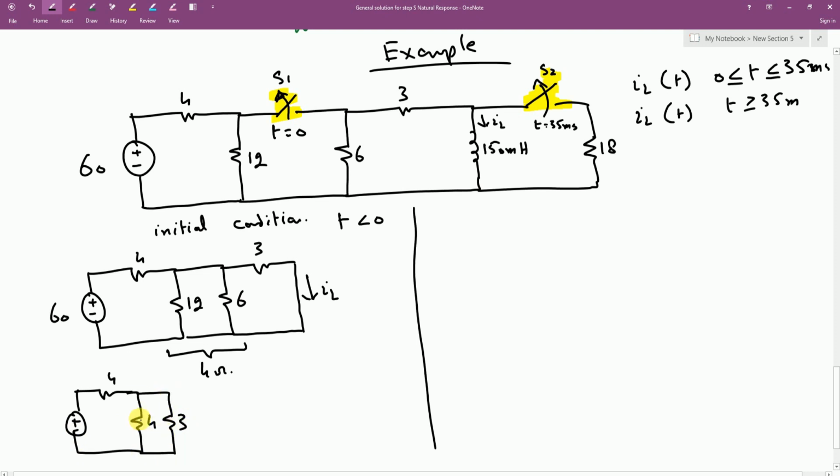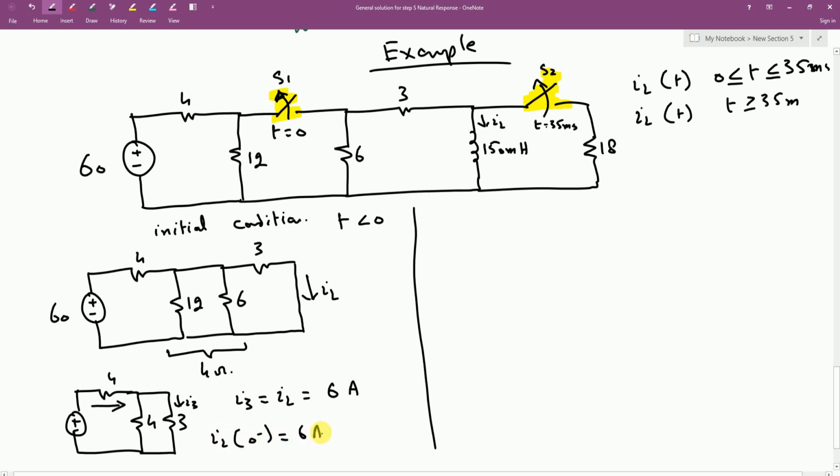Now this 4 and this 3 ohm resistance come in parallel with each other, and their parallel combination alongside the series combination of this 4 ohm provides us the value of the current flowing through this source of 60 volt. So solving for this particular branch current I3, which is equal to IL, it is equal to 6 ampere. So this is the current that was flowing prior to the switching. So IL(0 negative) is equal to 6 ampere.